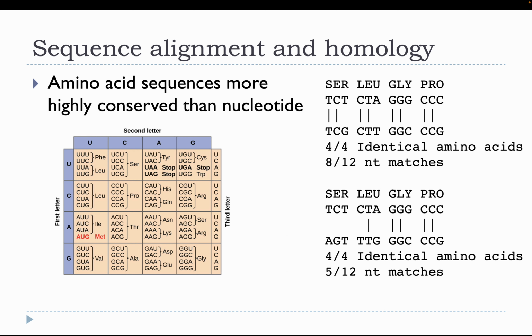So you can have exactly the same amino acid sequence. And let's just say you only mutate the third codon. You can get 4 out of 4 amino acids identical, but 8 out of 12 nucleotides matching. So still quite a considerable divergence. But when you allow for the fact that serine and leucine, for example, can have completely different kinds of codons, you can get to a situation where, although the sequence at the amino acid level is entirely the same, at the nucleotide level you've only got 5 out of 12 matches.